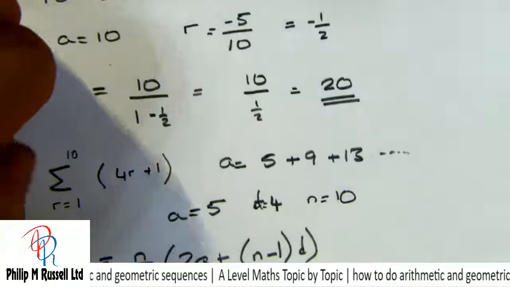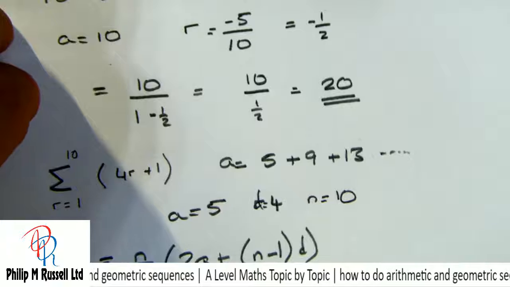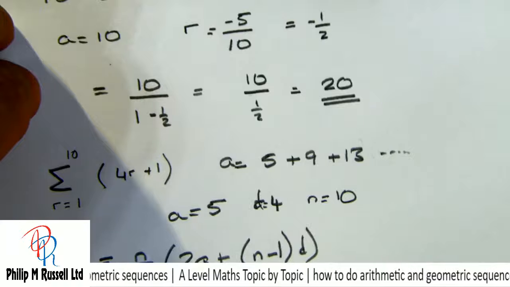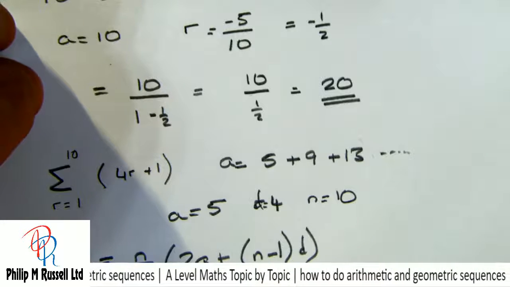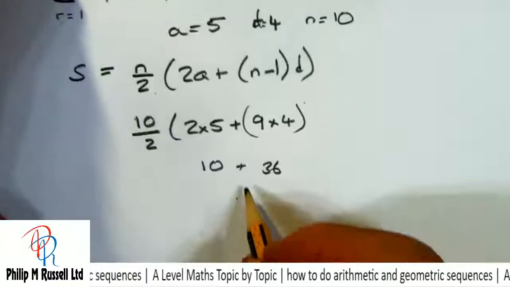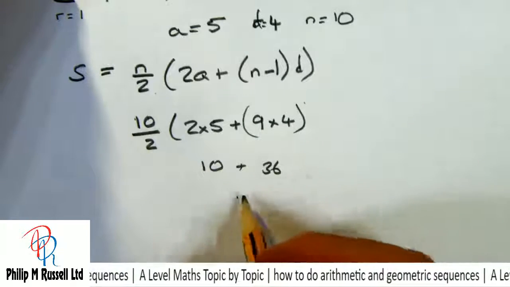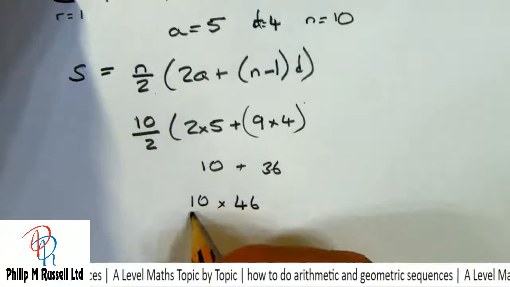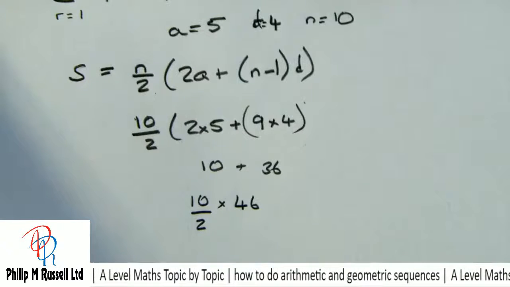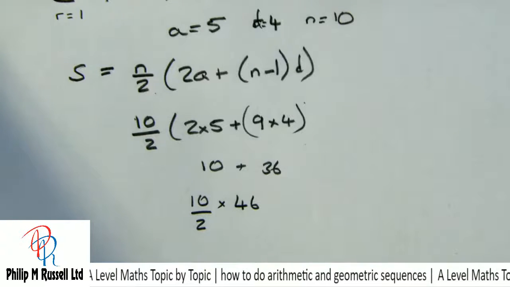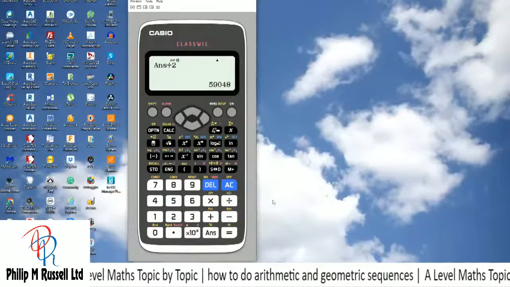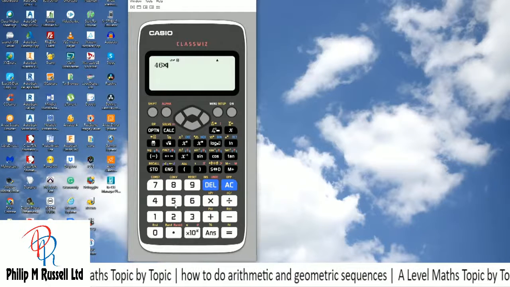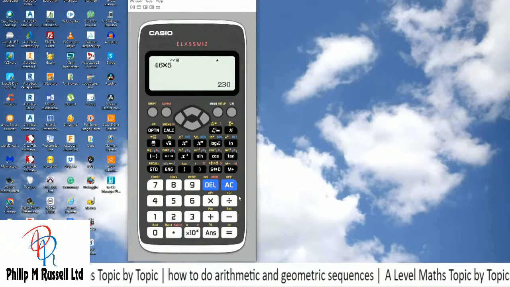And if we want to work that out, so we've got here 46 times 10 divided by 2, and I need to work out what 5 times 46 is, because I'm not very good at doing that in my head, and that gives me 230.